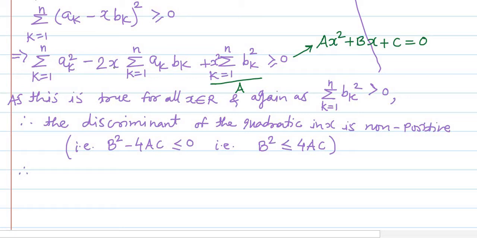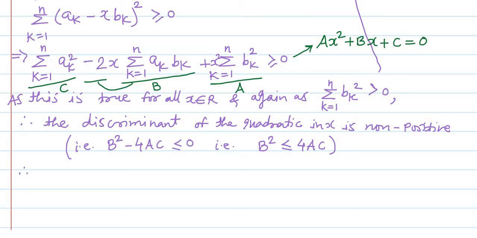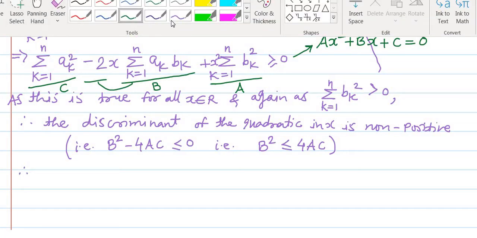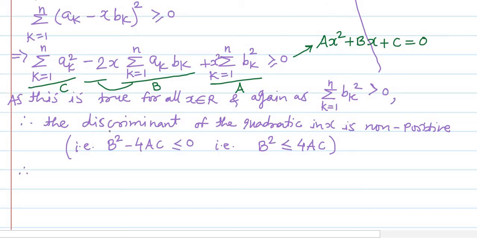Then the coefficient of x is minus 2 into summation over k equal to 1 to n ak bk. This is the value of capital B, as this is the coefficient of x, and the constant term capital C is nothing but summation over k equal to 1 to n ak square. So now using this, what we'll get? This I have written just for your understanding purpose and for making it easy to compare.